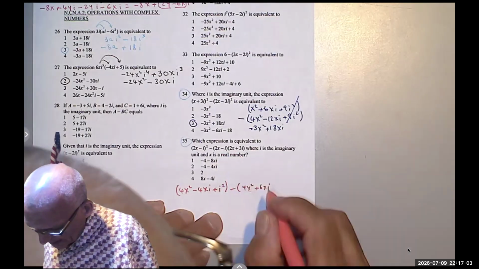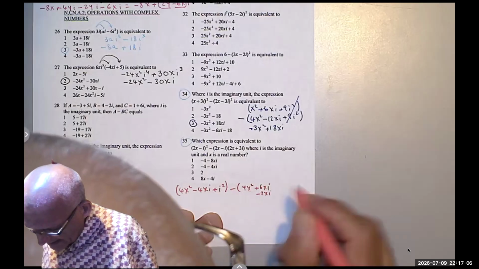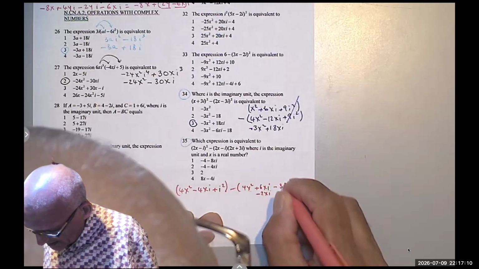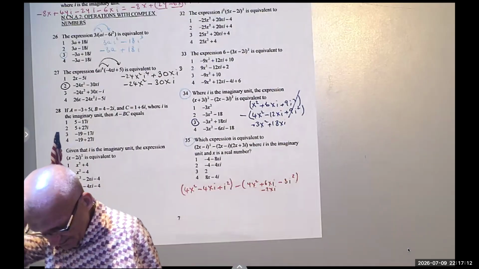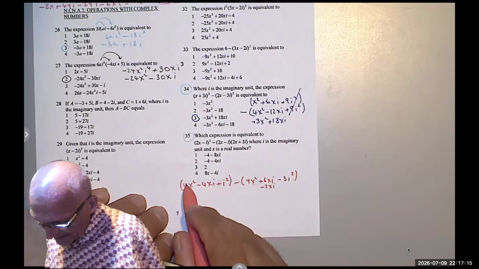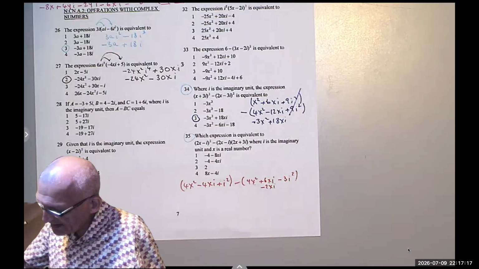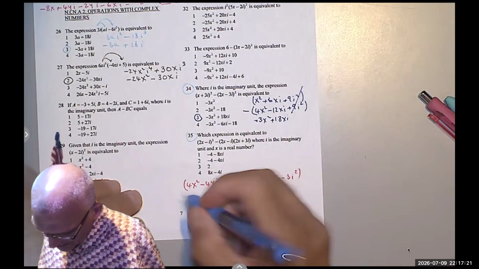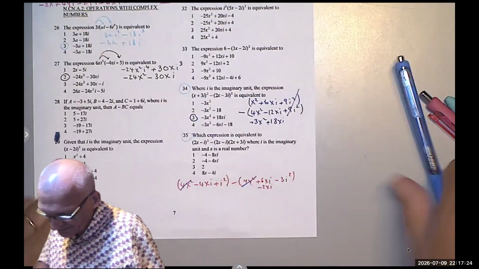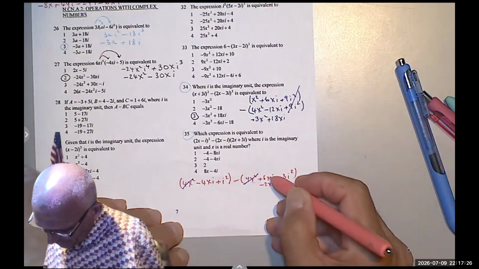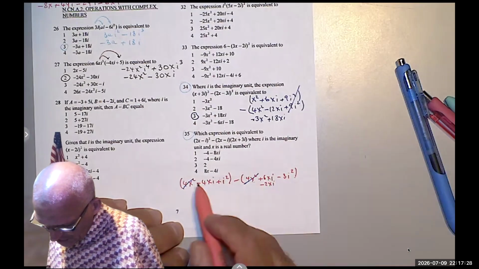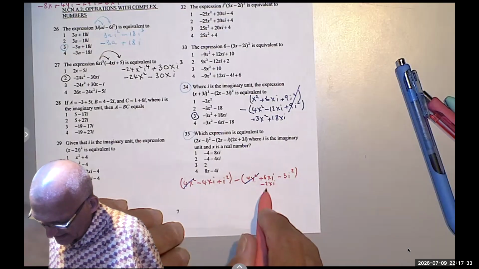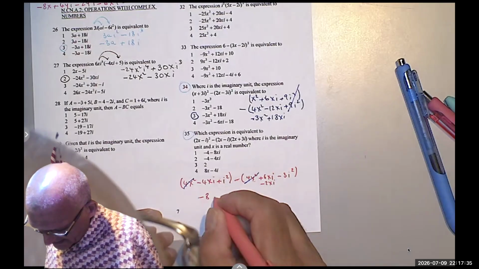Negative i times 2x is minus 2xi. And negative i times 3i is negative 3i squared. 4x squared minus 4x squared cancel each other. So I get 0. This is 4xi, right? So negative 4xi minus 4xi is negative 8xi.